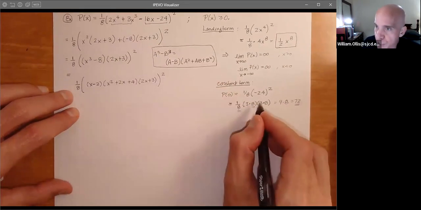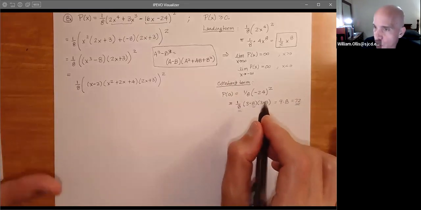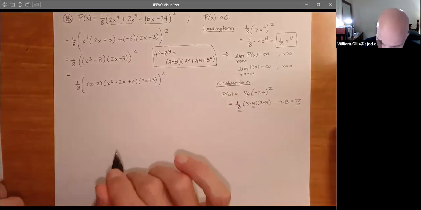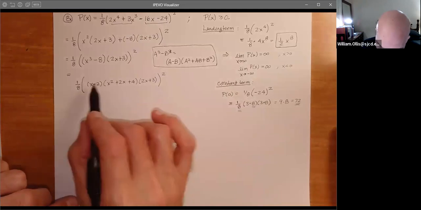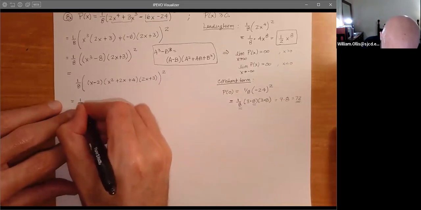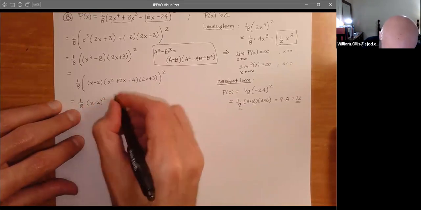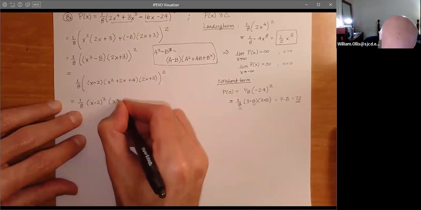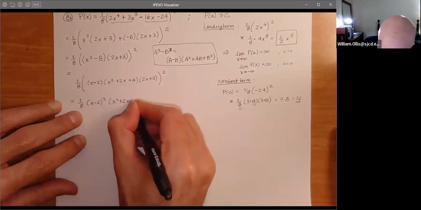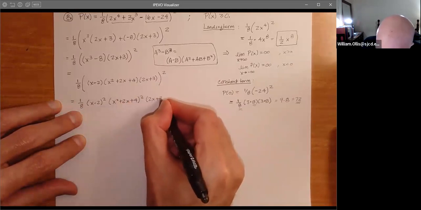Makes it a little bit easier to see the multiplicities. And then again, you can revive it, so to speak. Now notice all of these get squared. So we get 1/8 x minus 2 squared, and then x squared plus 2x plus 4 squared, and then 2x plus 3 squared.